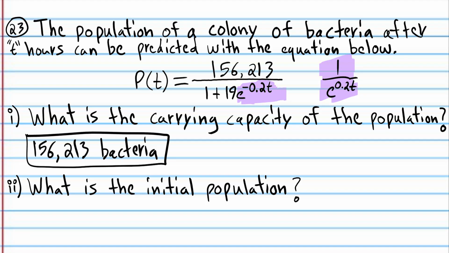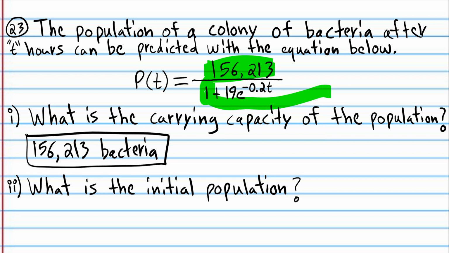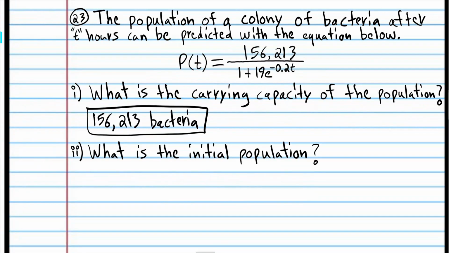So if you look over here at this fraction, you can see that as t gets bigger and bigger, this fraction actually approaches 0. And if we let t get really, really big, for all intents and purposes, we can just assume that the purple expression here just goes to 0. And 0 times 19 is 0, and then we're left with 156,000 over 1 as the maximum population. So again, that's why that works.